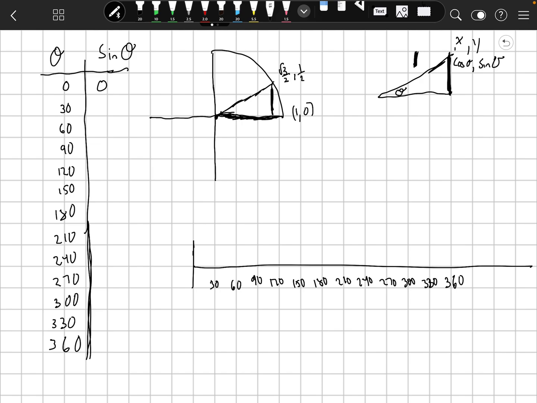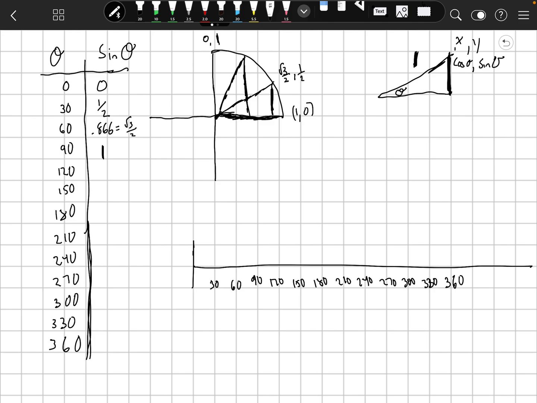So this part is half as big as the hypotenuse there. So at 30, we've got 1/2. And then at 60 degrees, notice we've almost reached the top of the circle. At 60 degrees, we've got square root 3 over 2, which is 0.866. Same thing. Okay, and then at 90 degrees, we've got 0, 1, so sine has reached 1.